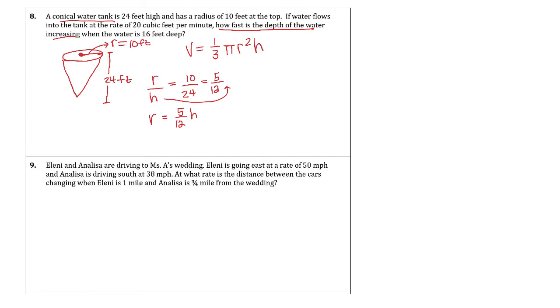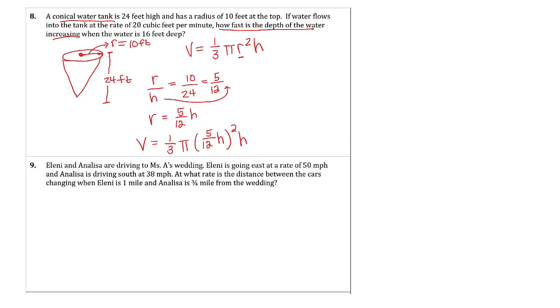If we make that substitution in our volume, that's going to make this easier to work with because we're eliminating one of these variables. So we have 1/3 pi, and R, we're going to make that 5 over 12 H, squared, times H.